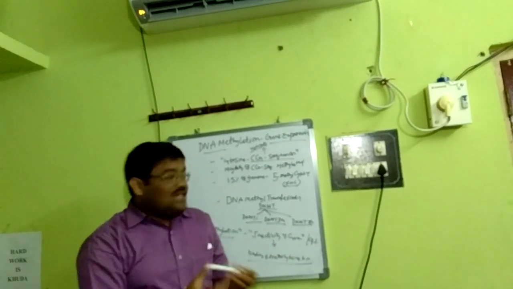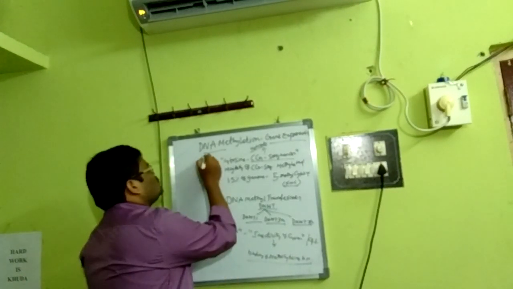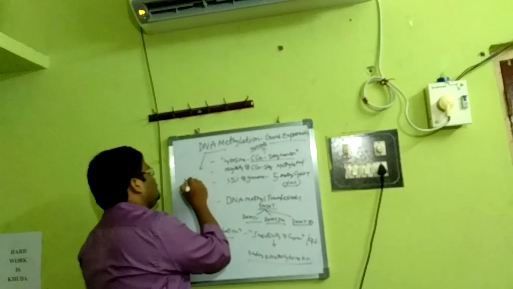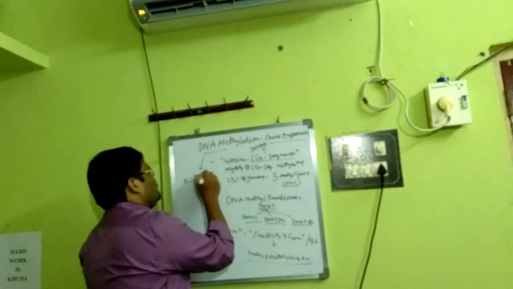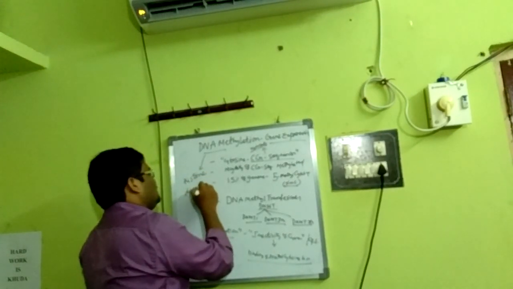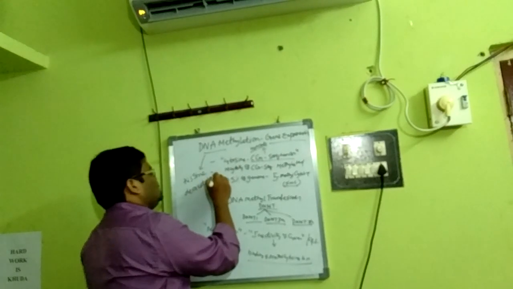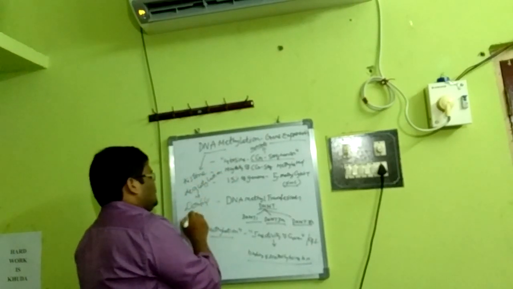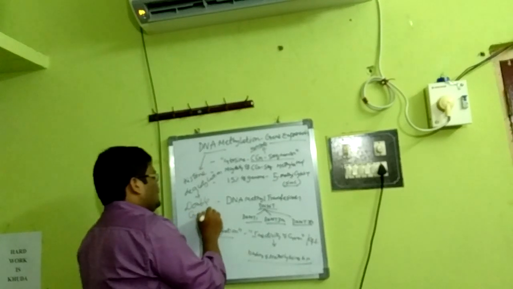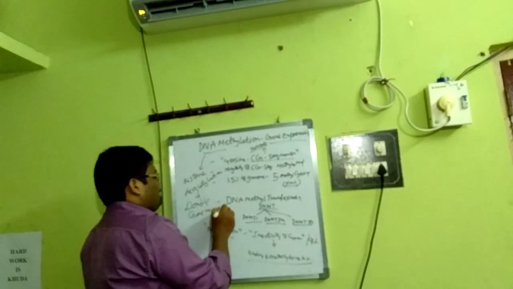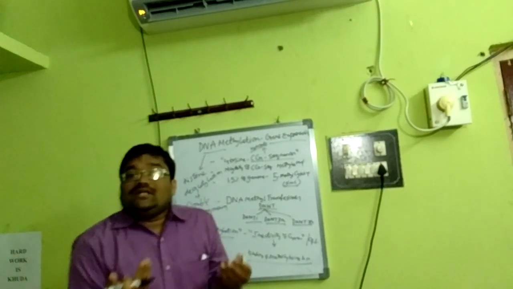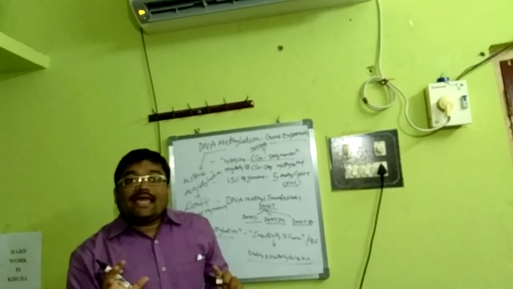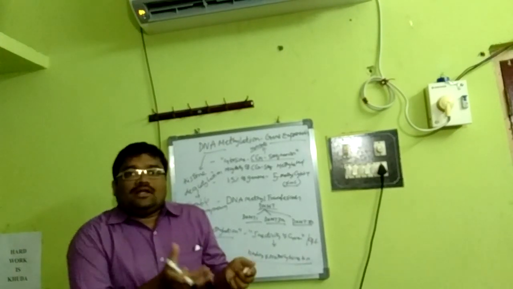Most interestingly, DNA methylation is correlated with histone deacetylation. This is very important. That leads to double gene repression. Histone deacetylation means the DNA will recoil.